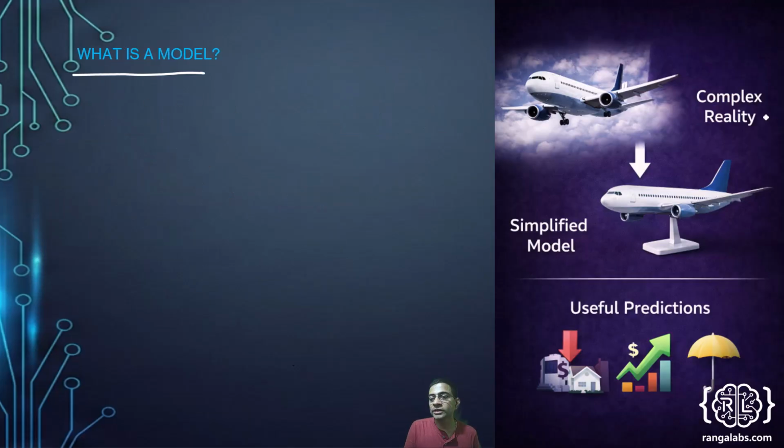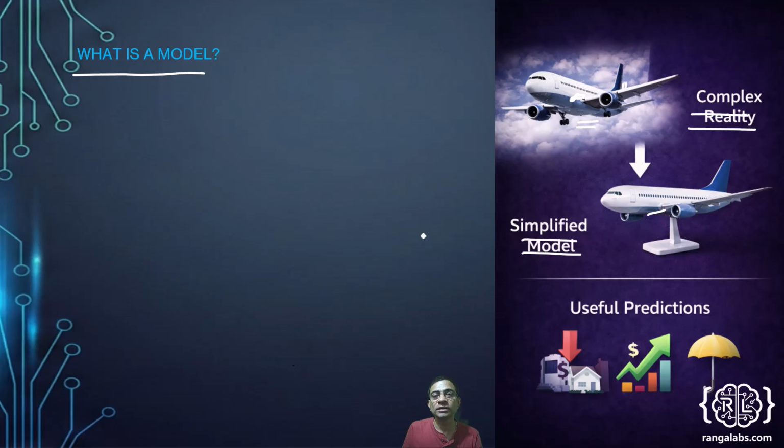What is a model? It's a complex reality converted to a simplified model. I have shown an example of an aeroplane, which is very complex machinery. We also make models of the same aeroplane to test various parameters.